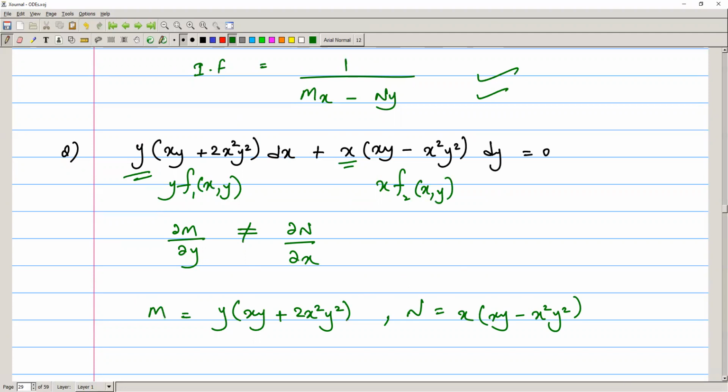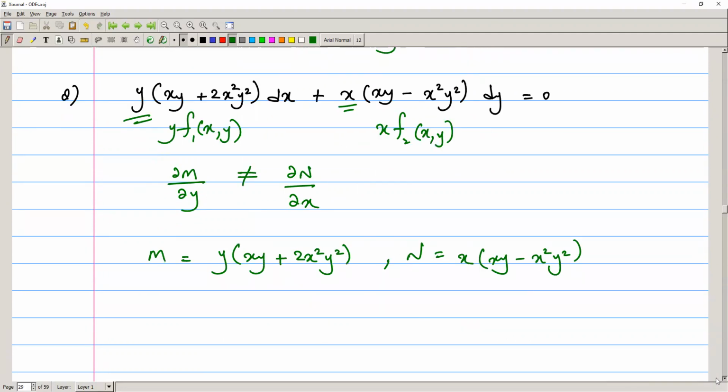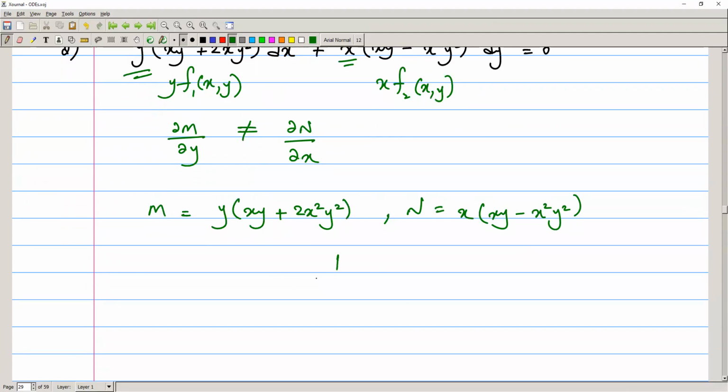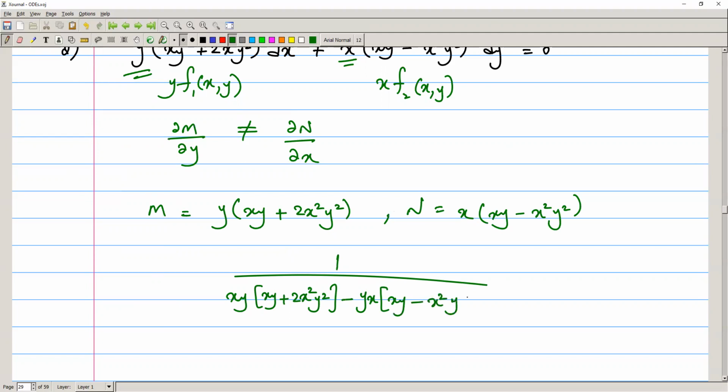Now we can simply write like this: 1 over Mx minus Ny, which means 1 over x y into (xy plus 2x squared y squared) minus yx times (xy minus x squared y squared).